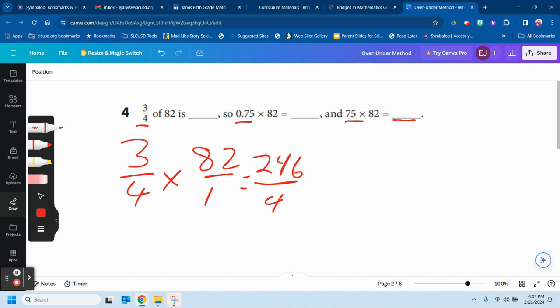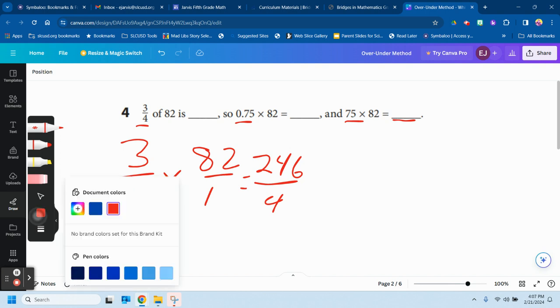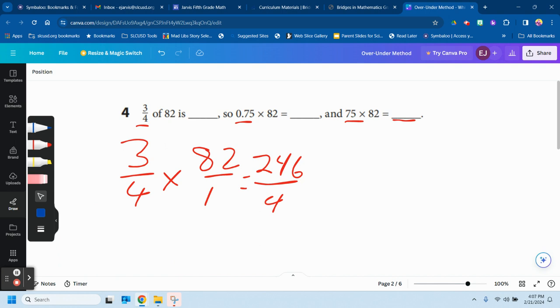246 fourths is an improper fraction in which I have to divide the numerator by the denominator, and my remainder is my new numerator. So 246, the numerator, I divide it by the denominator, 4. How many groups of 4 are in 246? That's going to be my whole number. So 24 divided by 4 is 6. 6 groups.